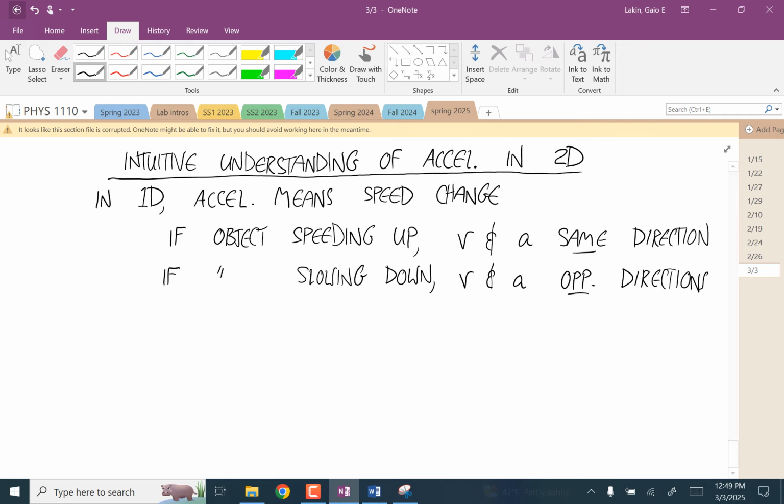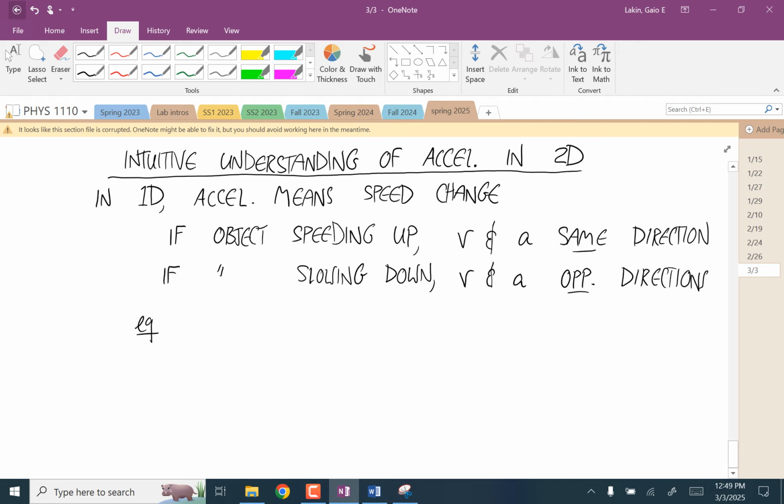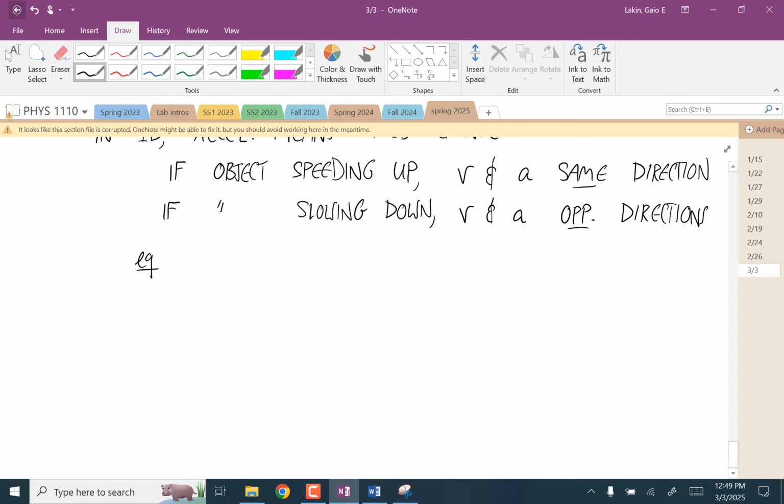Okay, so for example, let's say a ball is rolling up a ramp at this instant. The incline of the ramp is going to make the ball slow down.